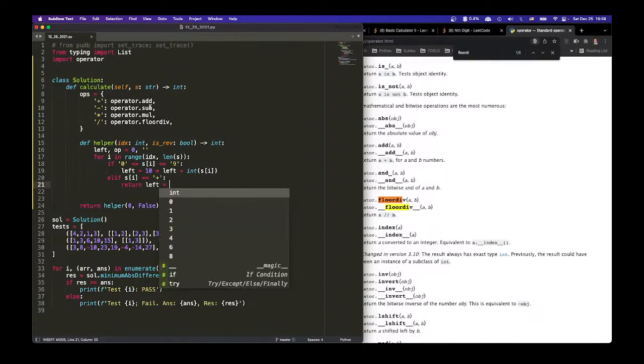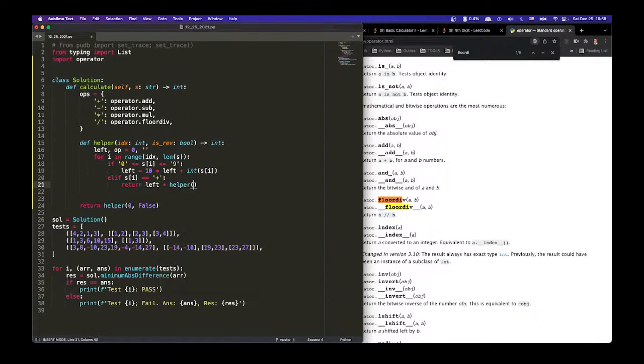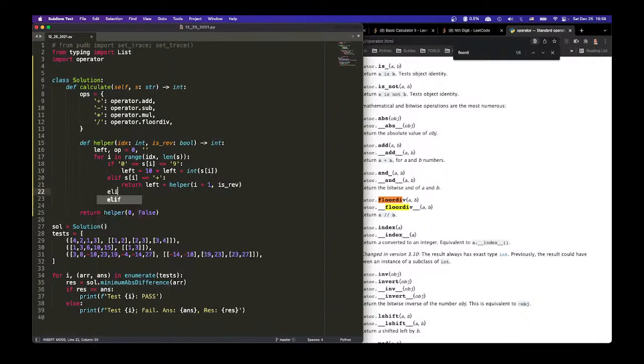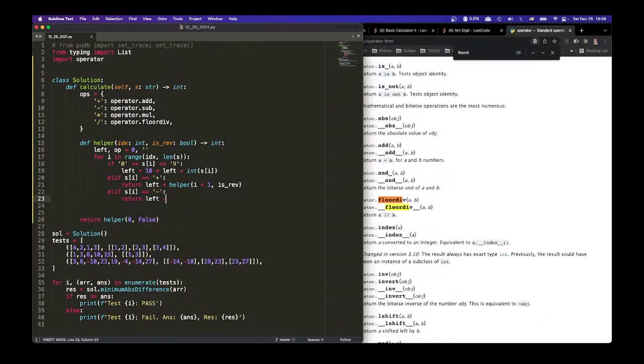I just say left plus helper(i plus 1, is rev), right? If s[i] is equal to a minus sign, then we return left minus helper(i plus 1, not is rev).